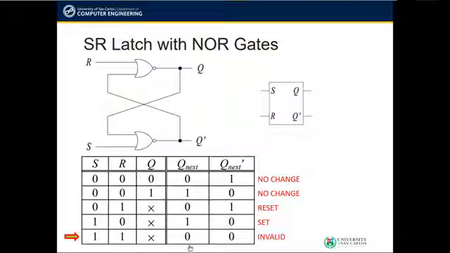But in this case, both are 0. That is why this is considered an invalid or indeterminate behavior for an SR latch. The reason why this latch is called an SR latch is because of the set and reset operations that it performs.